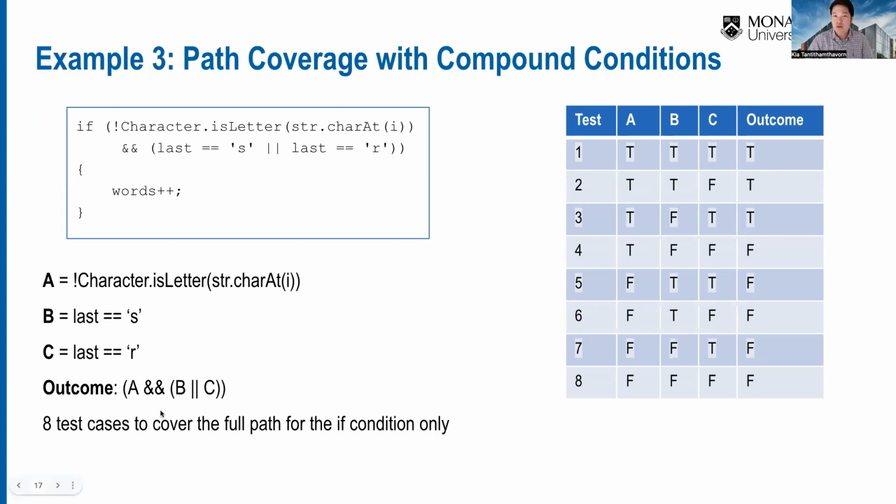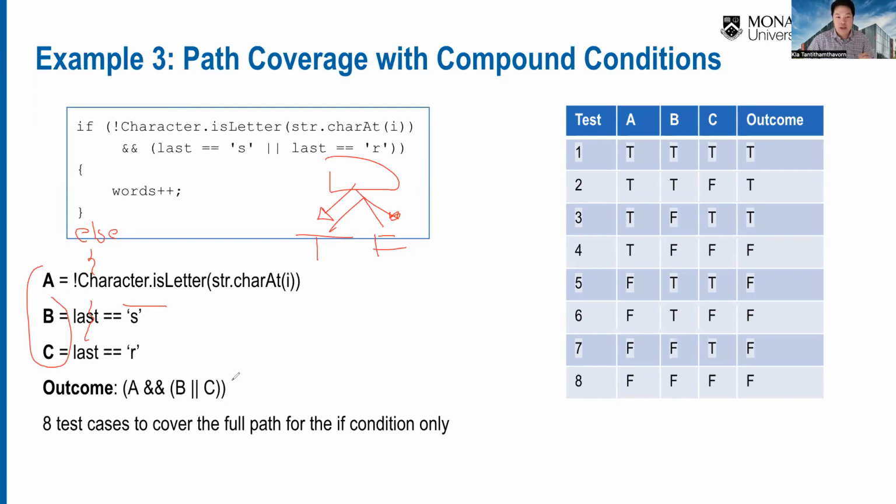So in total, if we use the path coverage, we need only 2 test cases, because there's no false at all. Actually, let's say if I add this if and else, then we just need 2 test cases to achieve true and false like this. But it doesn't mean that all of the conditions A, B, C are covered.